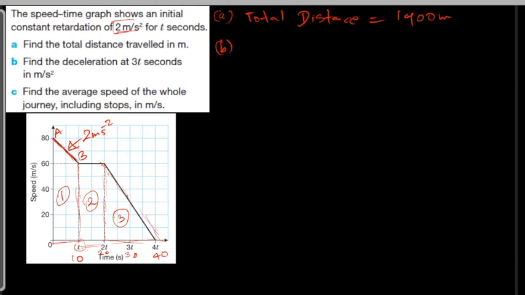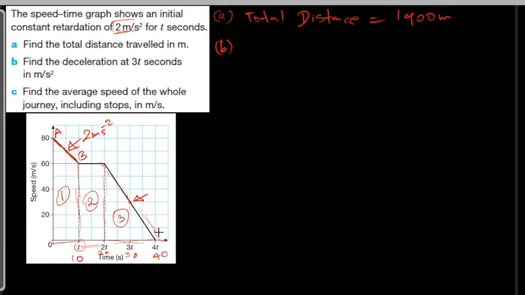Now, when we look at part B, they are asking the deceleration at 3t seconds. Deceleration at 3t. That means at this exact moment, what is the deceleration? How can we find it? For a given moment we don't yet know how to find the deceleration, but for a given time period we can find it, from 2t to 4t.